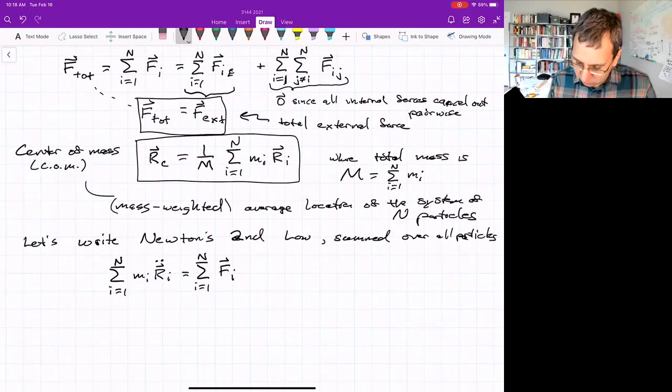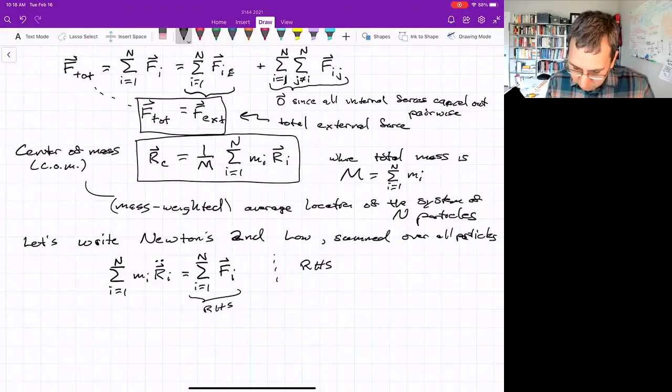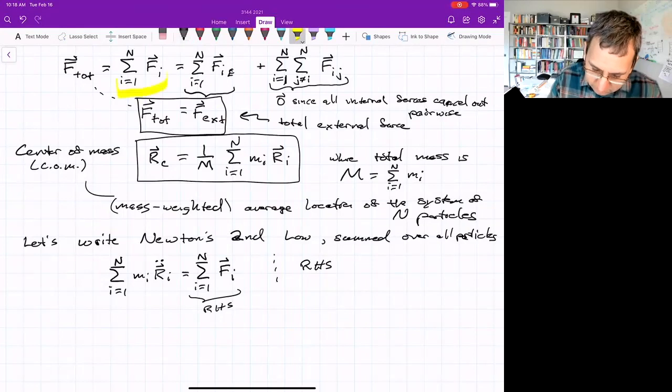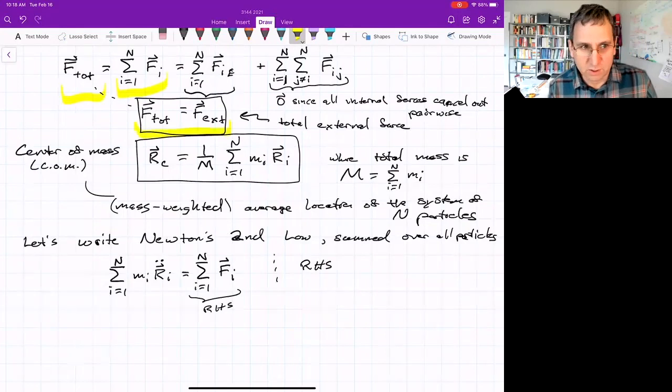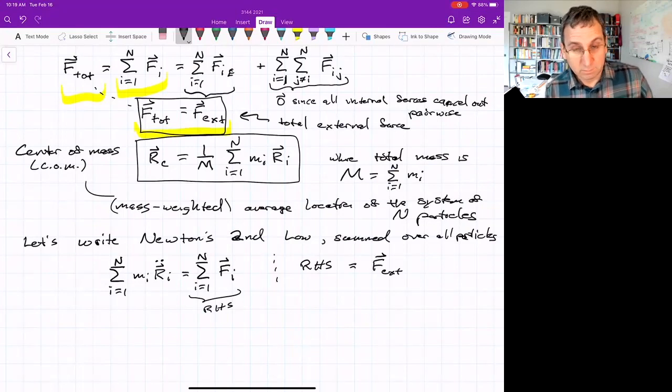All righty. This right-hand side, as we've shown, if you look up here at this highlighted part, is equal to the total force, which is equal to just the external force, the total external force on the system. What about the left-hand side?